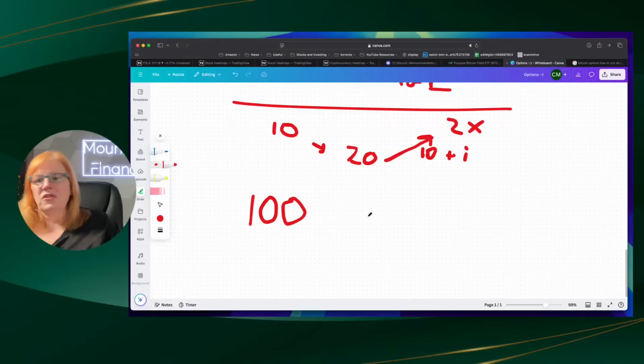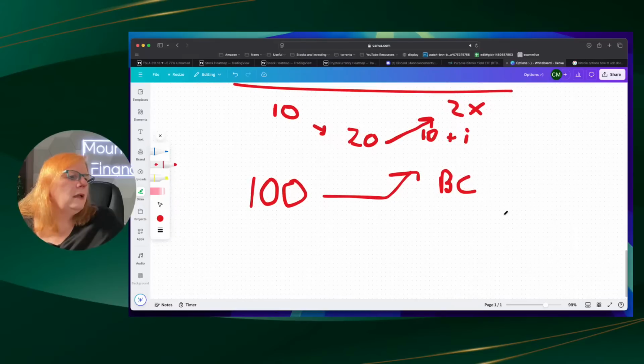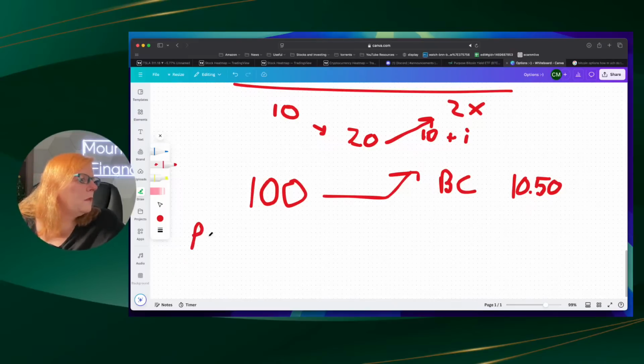Let's do 100, because this way, with options, and you're doing your Banana Co again, let's say you set a strike price of 1050, and let's say your premium is going to be, let's go with $30.